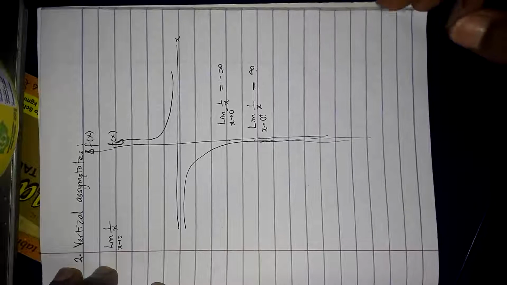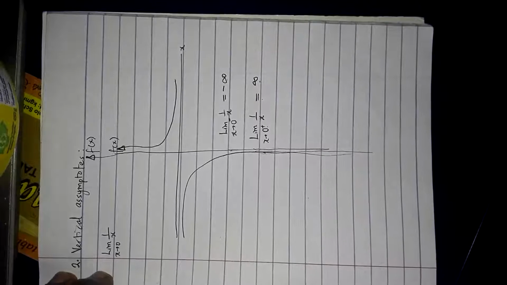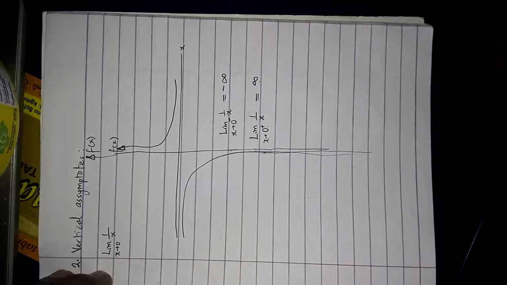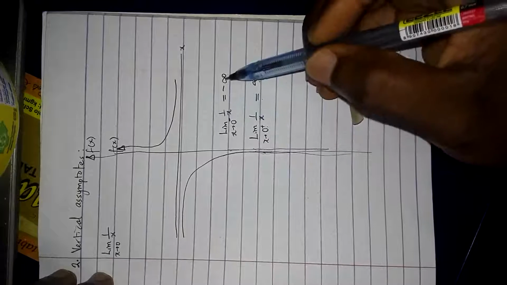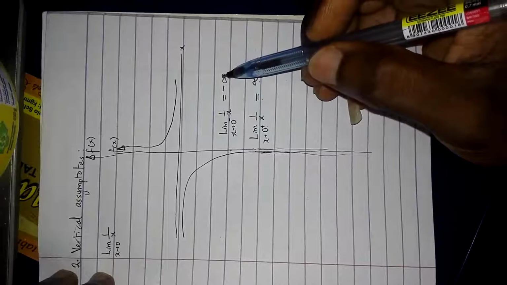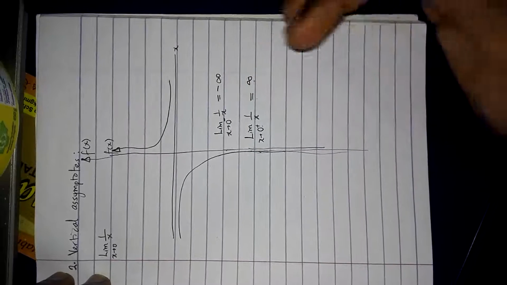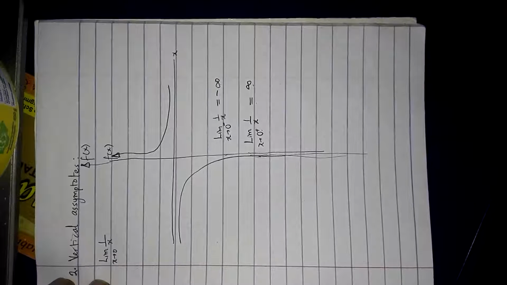So just like we had it when we were talking about the domain of a function, we said a function is undefined when the denominator gives us 0. That's when you have infinity. We know infinity is not a real number, so it's the same idea here. When you write the limit of a function as infinity or minus infinity, you have actually communicated the fact that the limit of that function does not exist.